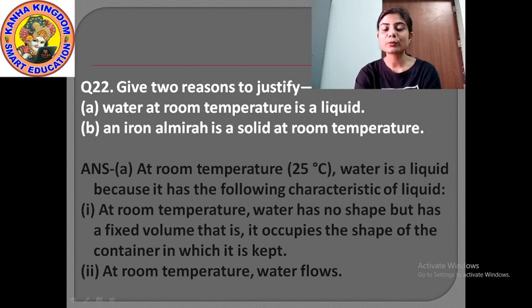It occupies the space of the container in which it is kept. Okay. And at room temperature water flows. That means it is in liquid form and liquid always flows. Okay.